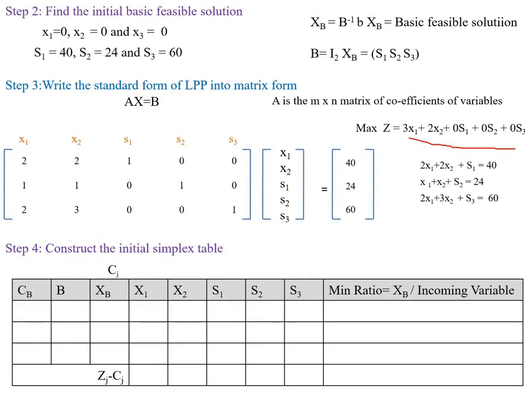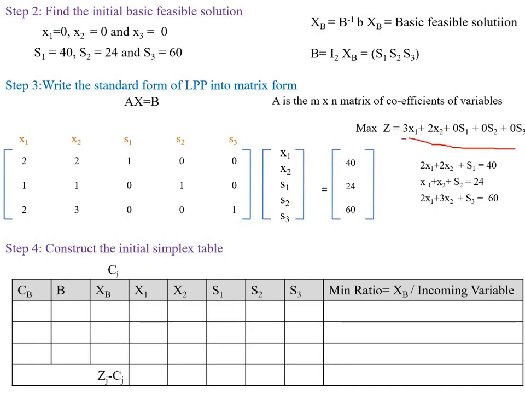First fill the cost coefficients for the variables. For this, observe the objective function. Our objective function is z equal to 3x1 plus 2x2 plus 0s1 plus 0s2 plus 0s3.